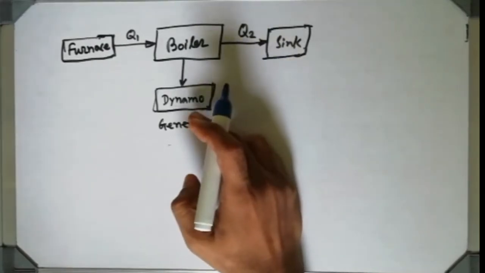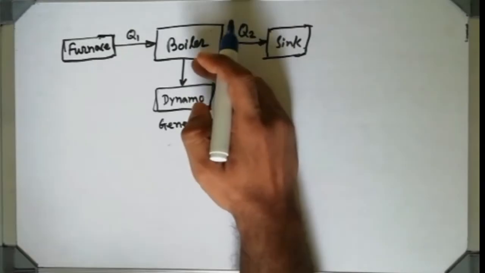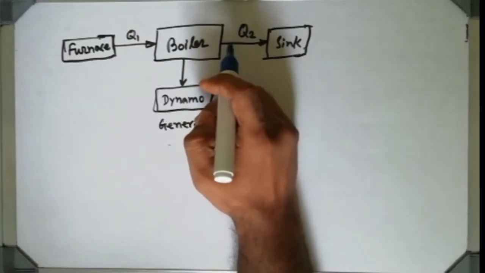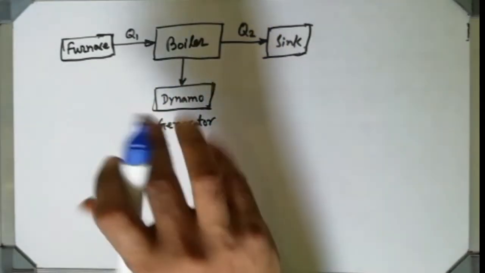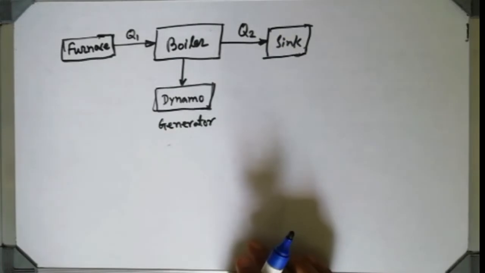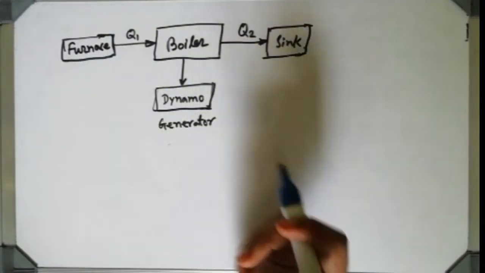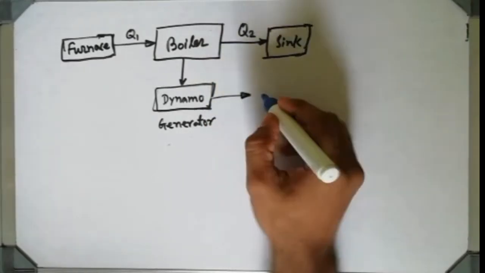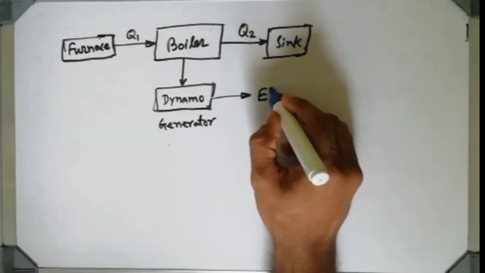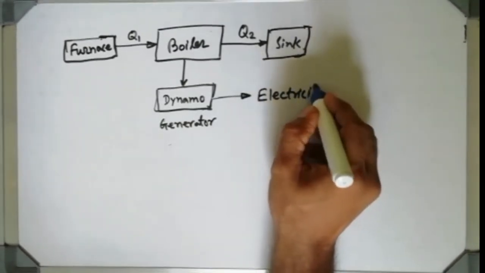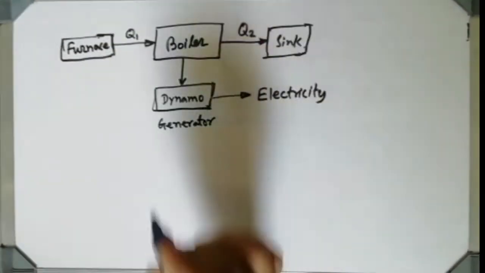Basically it is converting the energy. The turbine work, that is mechanical energy in rotation, the dynamo, due to the cutting of flux, will convert that rotational energy, that is the mechanical energy, into electrical energy, isn't it? So after all, from the dynamo what we are going to get, that is the electricity, that is the outcome. It's a basic block diagram.